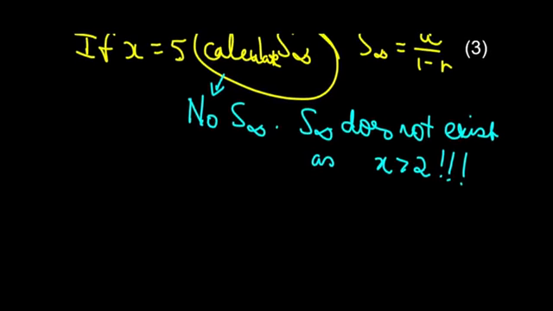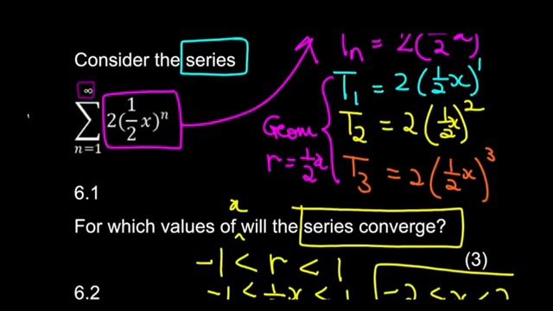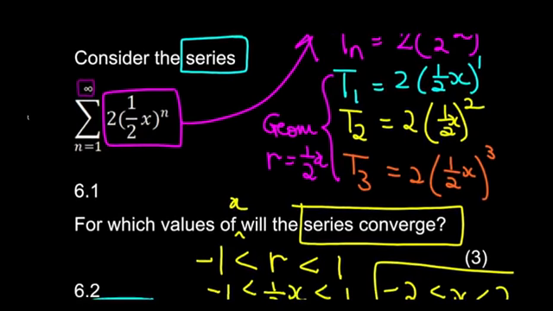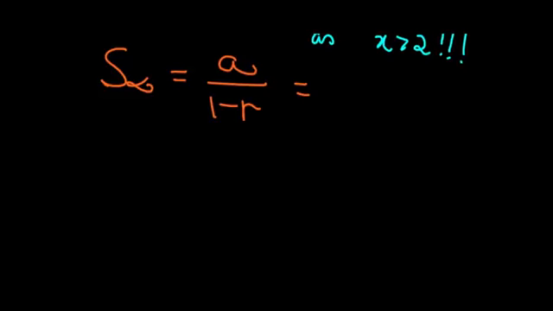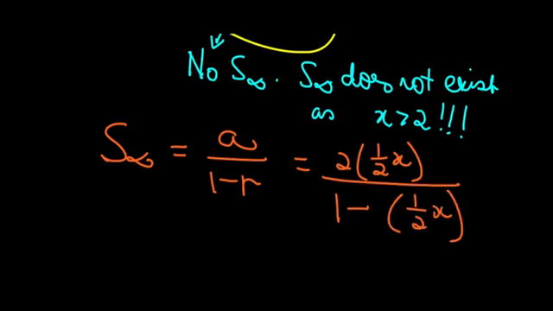So the sum to infinity is equal to a over 1 minus r. And our a, we've found out already, is 2 times a half x, and our ratio is a half x. And they've said x is a half.